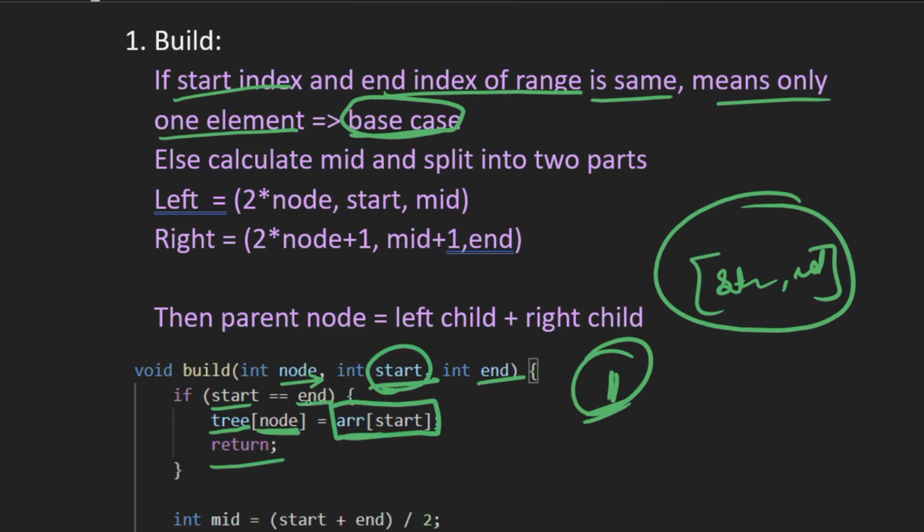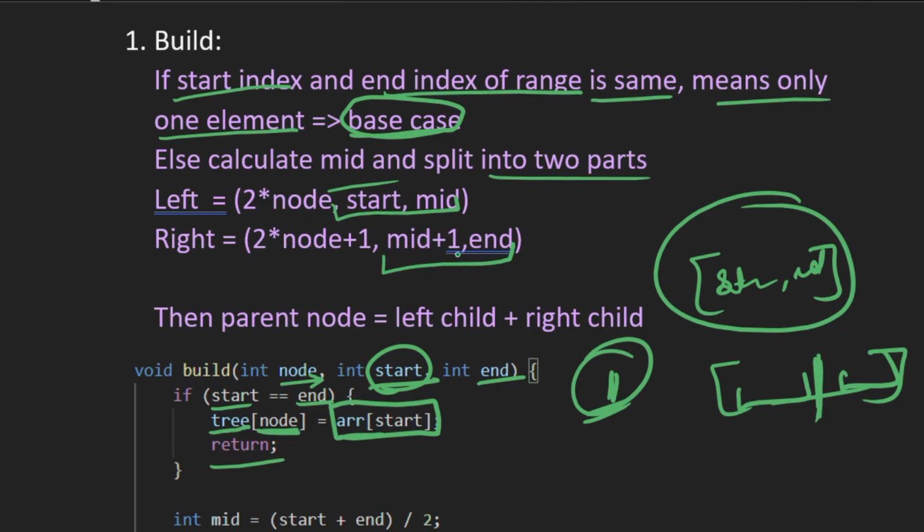And then we return. Else, if multiple elements are there in the range, we find the middle element and split the range into two parts. The left part will be from start to mid and the right part will be from mid plus 1 to end.